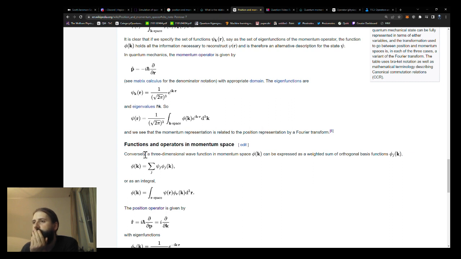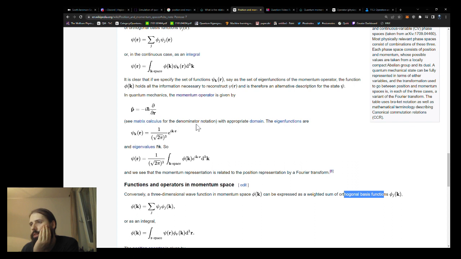And the other way around, conversely, a three-dimensional wave function in momentum space can be expressed as a weighted sum of orthogonal basis functions. Okay. So in here, this is what you know. So what you're doing is expressing it with the coefficients, as the multiplication of the eigenfunctions, and you're integrating.